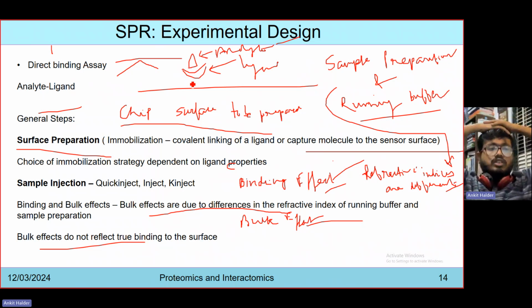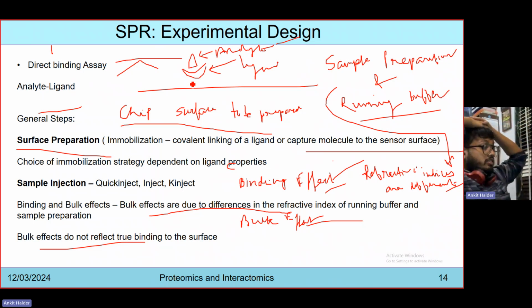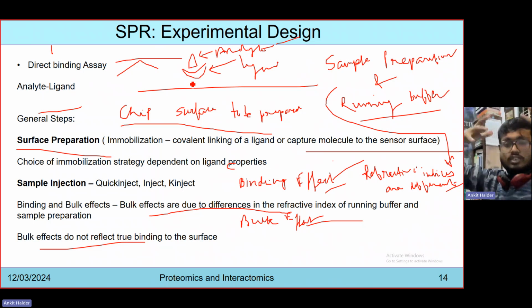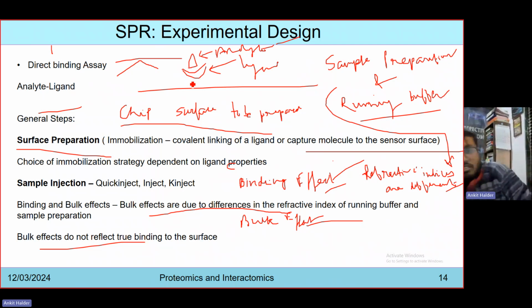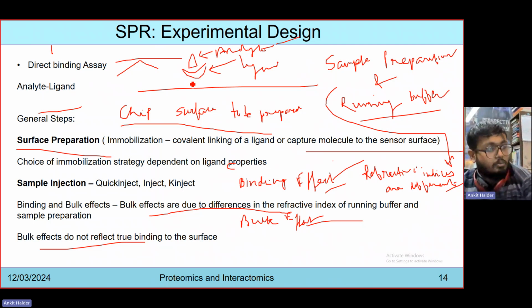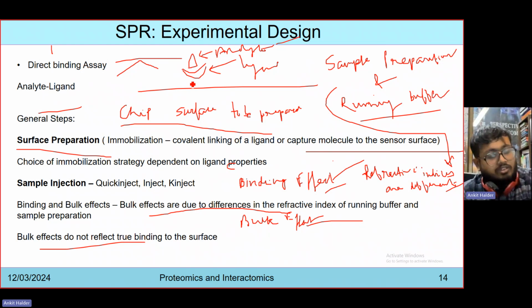So this does not reflect the true binding to the surface. This is one of the effects we need to keep in mind whenever we design this kind of experiment and report results, so that they reflect the true binding.